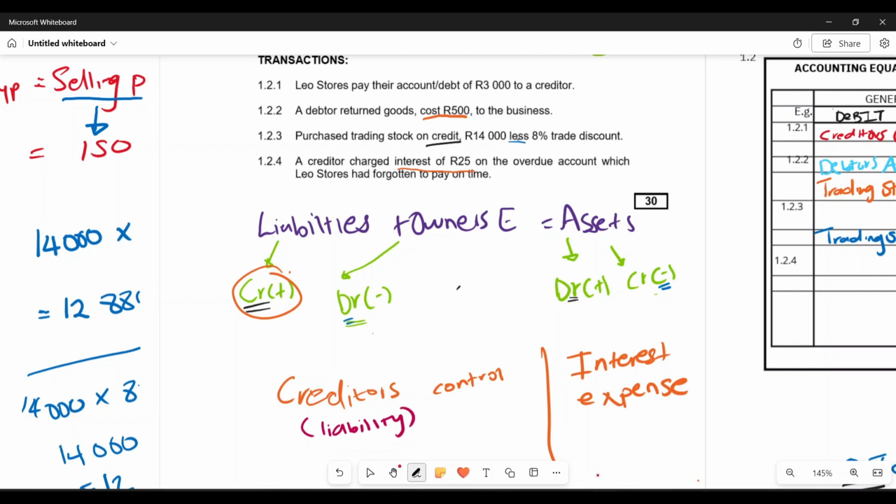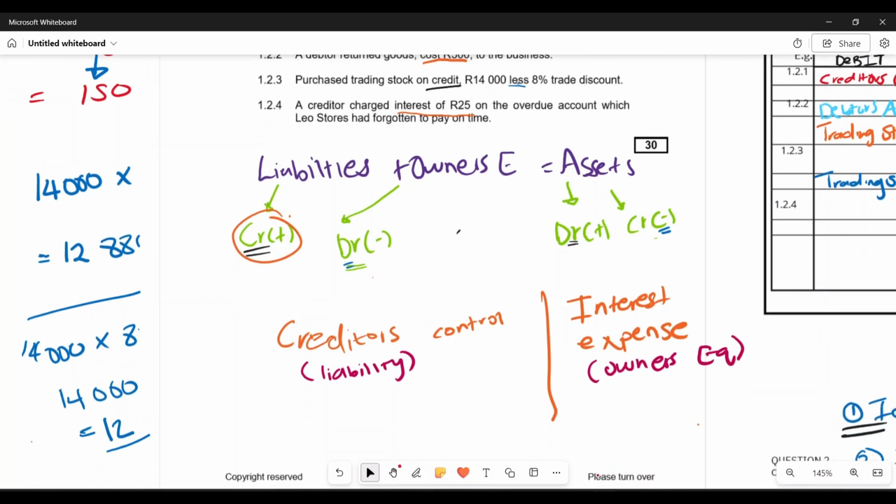And your interest expense, right? Because it's an expense, it would affect your owner's equity. Now, because the amount that we would be owing to this creditor would increase, right? So this account would be credited. And as a result, it would be added by the 25 rands. And your interest expense, or any expenses, they decrease your owner's equity.